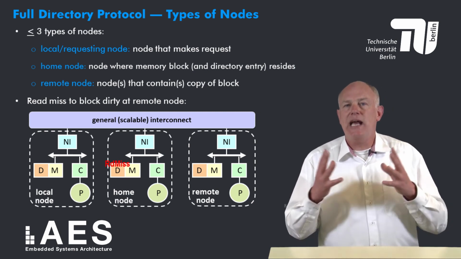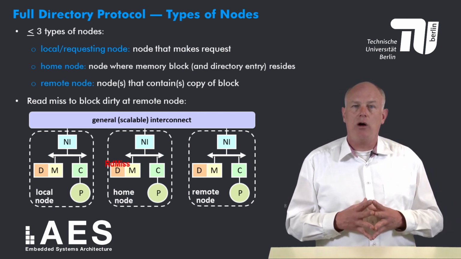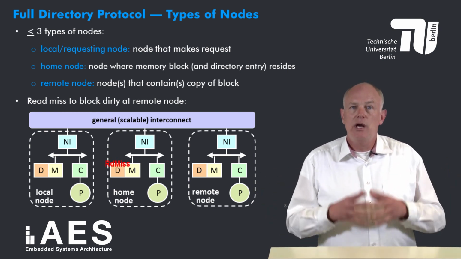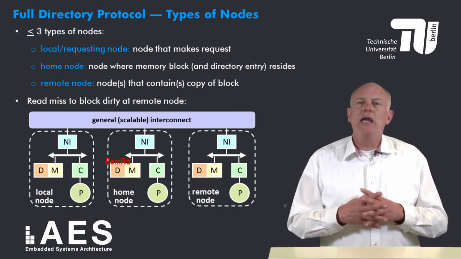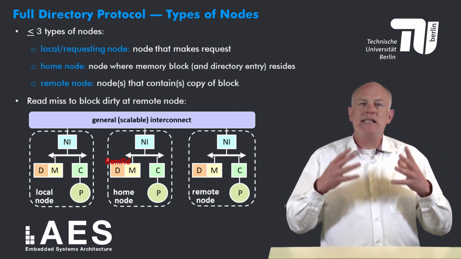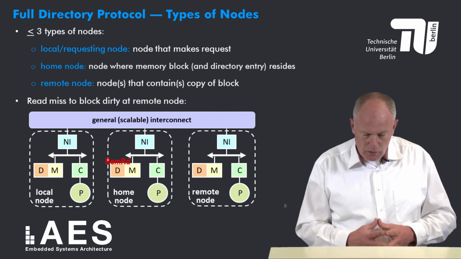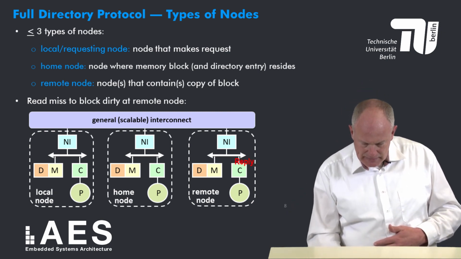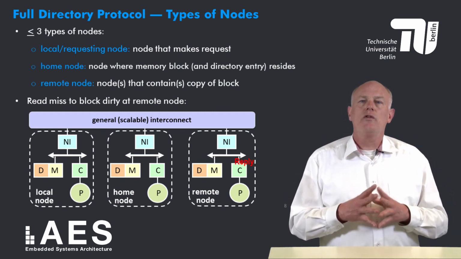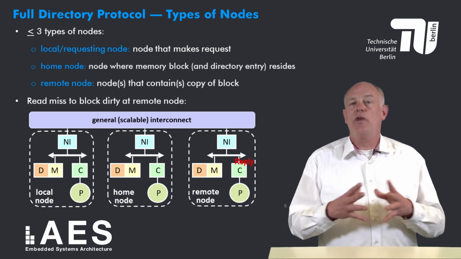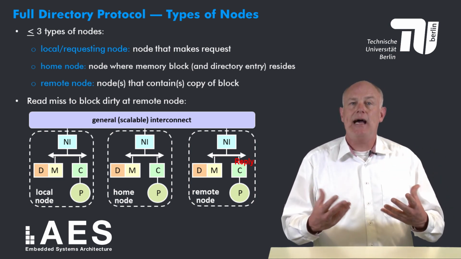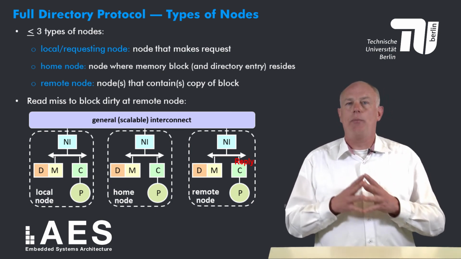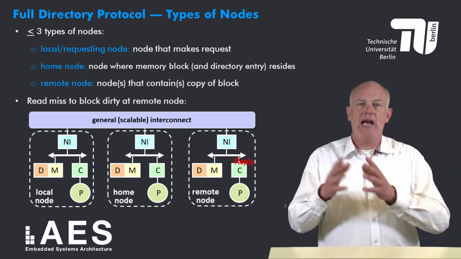Then the home node checks the directory entry for the corresponding block. It finds that the block is dirty in the private cache of a remote node. So it replaces the read miss by a remote read message and sends this message to the remote node like this, through the network. Upon receiving this message, the remote node does a cache lookup and answers with a reply message containing the block data as well as its address. In addition, it changes the state of its copy of the block from modified to shared.